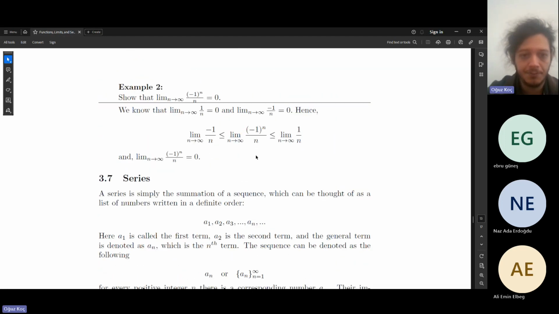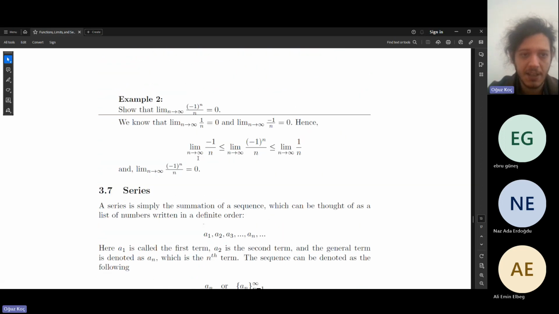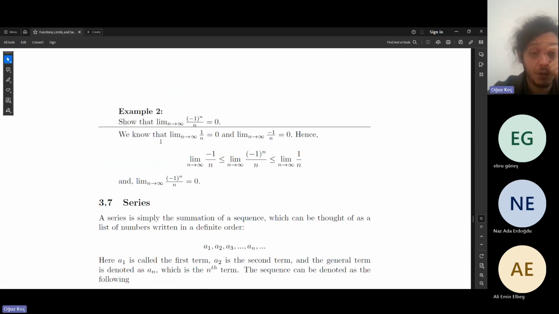In the second example, we need to show that when n goes to infinity, (-1) to the nth power over n is equal to 0. We already know from theorem 1 in the previous part, since here the r value is equal to 1, that this goes to 0 when n goes to infinity.